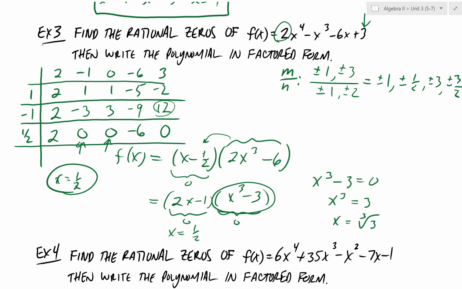So you get the cube root of 3. And so we only have one rational root. The other roots, this is called a triple root because you have x cubed equals a number, so that's going to be a triple root, and that is an irrational root.